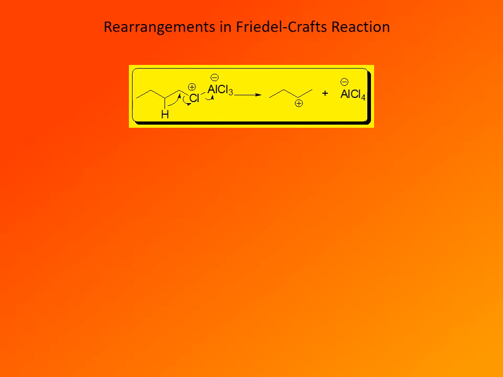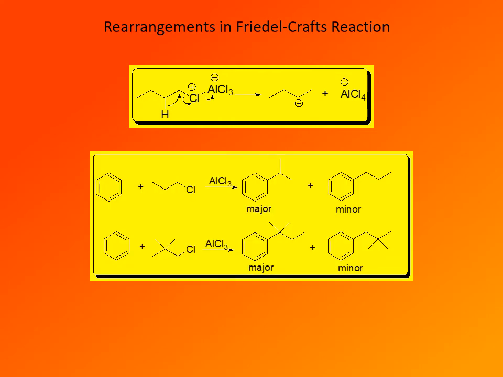As you can see here, 1-chlorobutane reacts with aluminum trichloride to give a secondary cation, the 2-butyl cation. And then reaction with the benzene ring results in formation of a mixture of products, because rearrangement is not complete, not all of the starting alkyl halide rearranges, so we get a mixture of products.